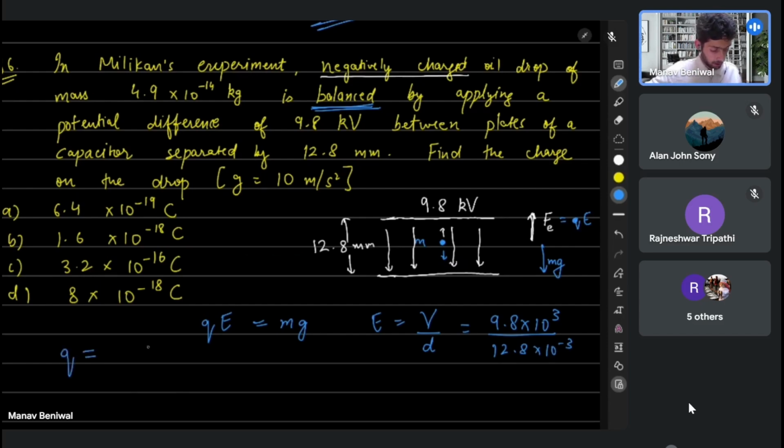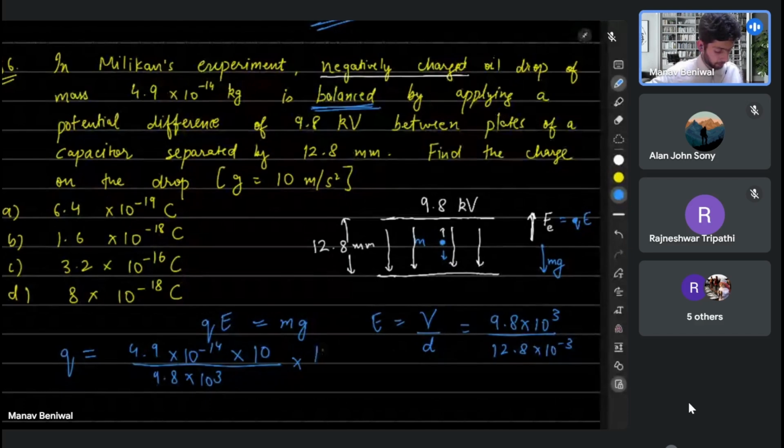Our q will be, m is 4.9 into 10 to the power minus 14, g is simply 10, divided by E, which is 9.8 into 10 to the power 3, and this term will come up to give you 12.8 into 10 to the power minus 3.